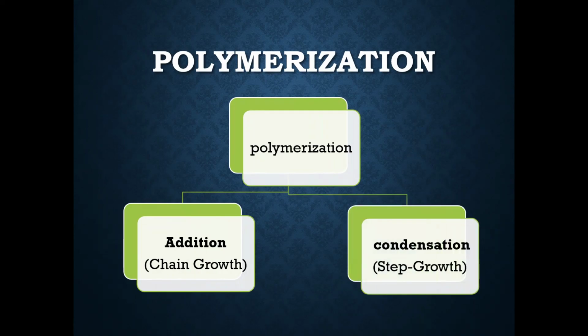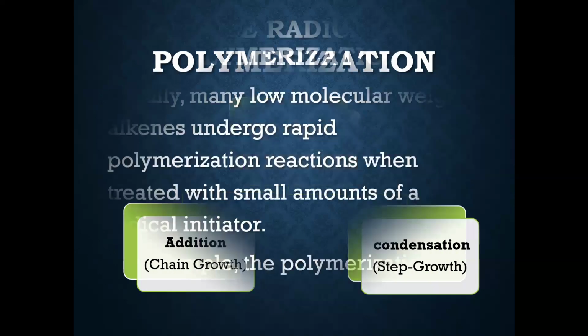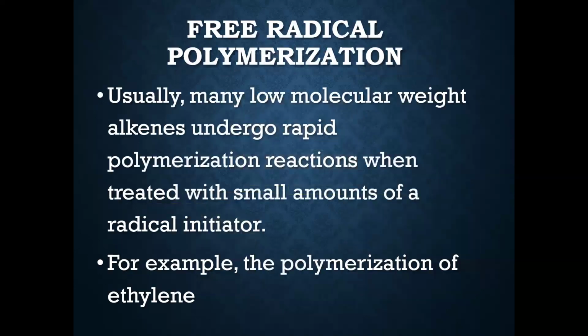One of the addition reactions is the free radical addition, and this is formed by the initiation of free radical formation. So this type of reaction usually occurs in alkenes, in low molecular weight alkenes.